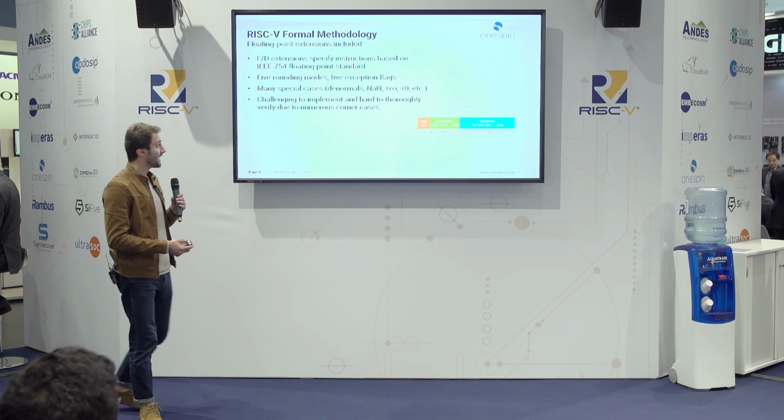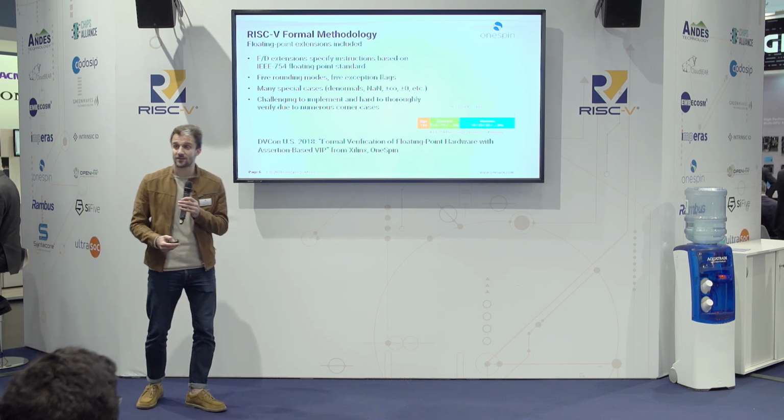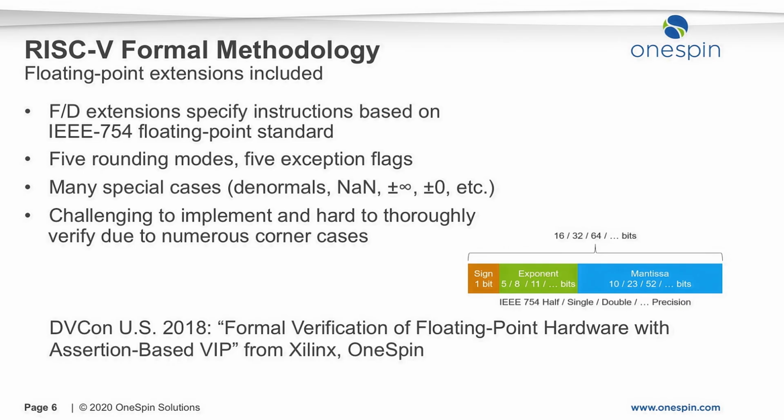So OneSpin developed many approaches to tackle this complexity, and we already have a paper that was presented at DVCon US 2018 in cooperation with Xilinx about providing a complete proof of 32-bit floating-point multiplication.